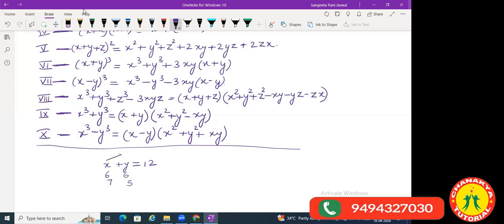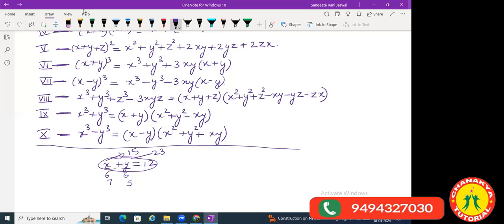But if I give it some value, say 15 plus 23, will that give me 12? No. This thing does not hold true for all values of x and y. But an identity is such a thing that whatever value you put for x and y, the left hand side will always be equal to the right hand side. This is the meaning of identity.